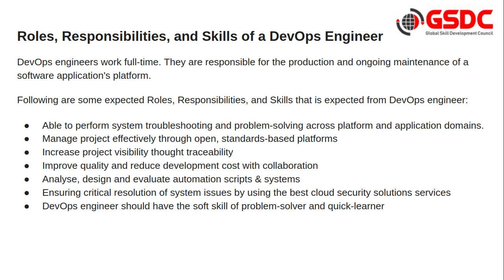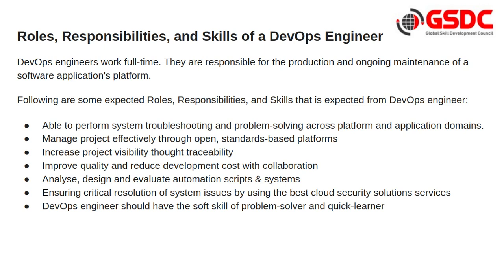Then he should have problem-solving skills. He should be a quick learner, so that he can easily understand what the problem is and how the development team can fix that problem.